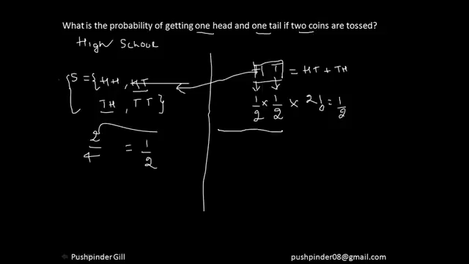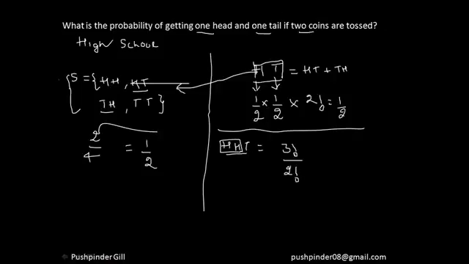Now had the question been for 3 coins and you wanted 2 heads and 1 tail, in how many ways can this arrange itself? It's simple. The number of variables factorial, 3 factorial, divided by the factorial of the number of repeating variables. HH is repeating 2 times, so divided by 2 factorial.